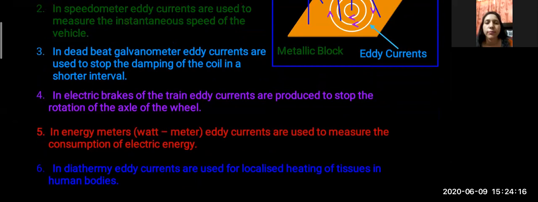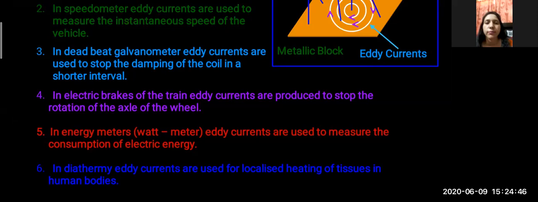Eddy currents are used in electromagnetic damping, induction furnaces, and magnetic brakes. In magnetic brakes, in some electrically powered trains, strong electromagnets are situated in the train just above the rails. When the electromagnets are activated, eddy currents induced in the rails oppose the motion of the train, as there are no mechanical linkages. Therefore, the braking action is smooth.